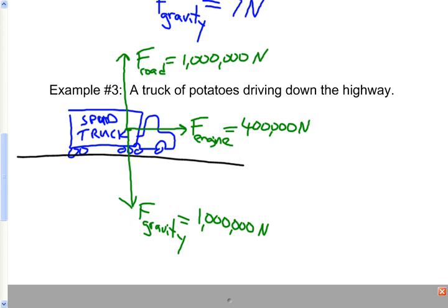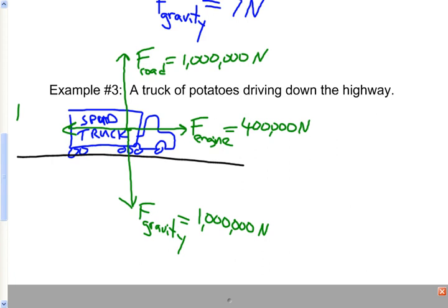in the forward direction. Well, there actually are lots of other forces acting on this truck as well. If you stuck your head out the window of this truck, you would feel a lot of air against your face and your lips would flop all over the place and all that kind of stuff. It'd be pretty fun. There's also all that resistance, rolling resistance and friction of the wheels. And it turns out that one possibility is that all that resistance and friction force is exactly equal to the engine's force forward.